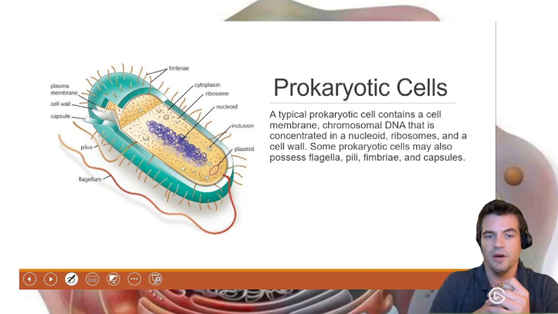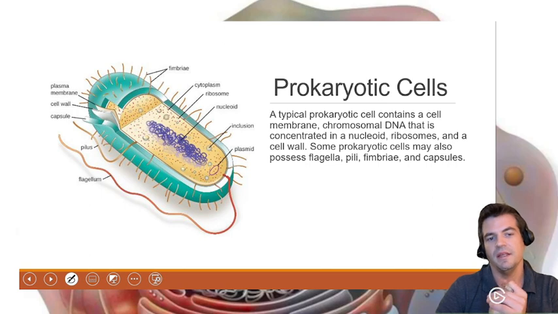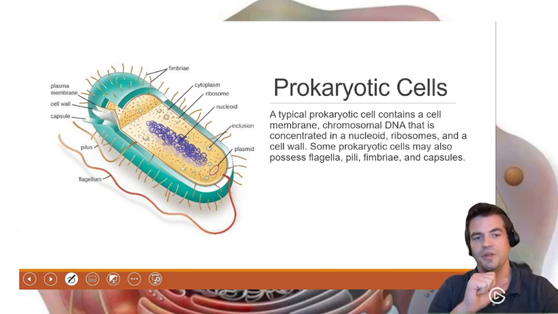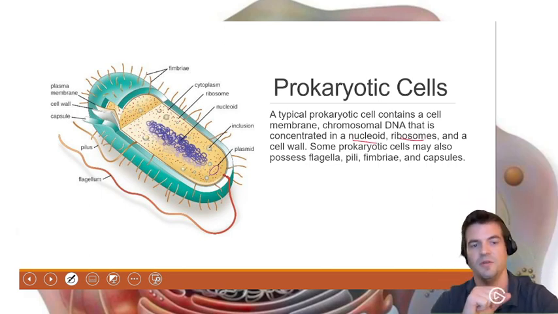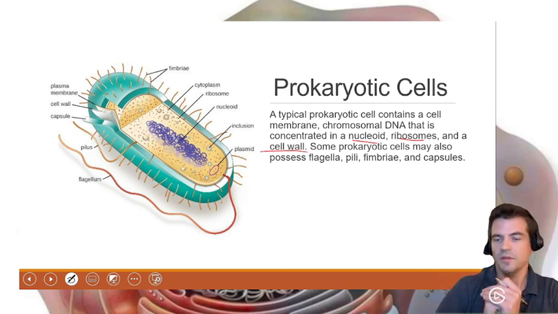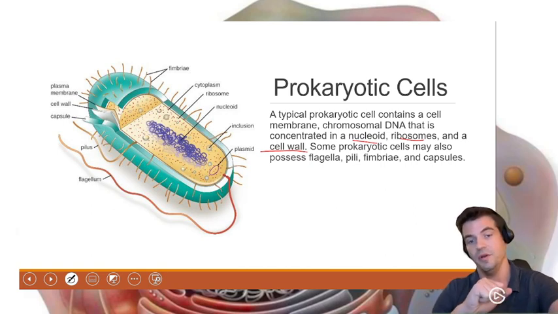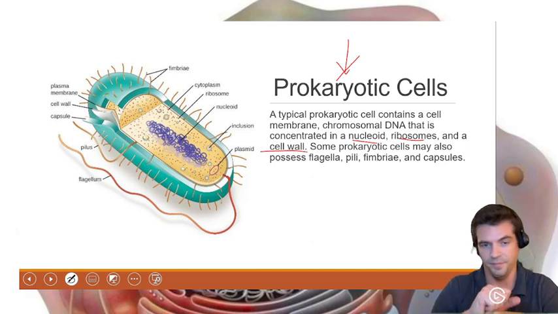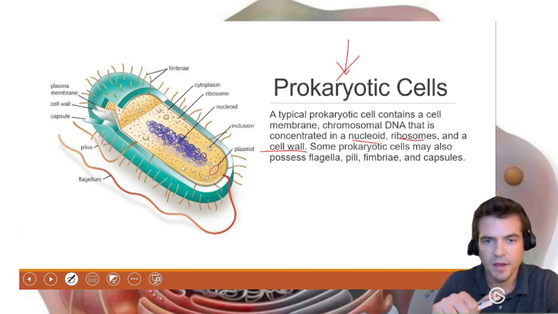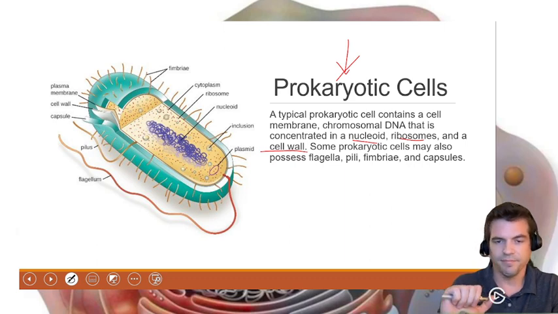Prokaryotes contain a cell membrane, right? All cells contain that cell membrane in big caps, and prokaryotes contain DNA in a nucleoid region, and they contain ribosomes and a cell wall. That cell wall is what separates them from eukaryotes, because not all eukaryotes have a cell wall, but all prokaryotic cells do, or at least typical ones; archaea might not.